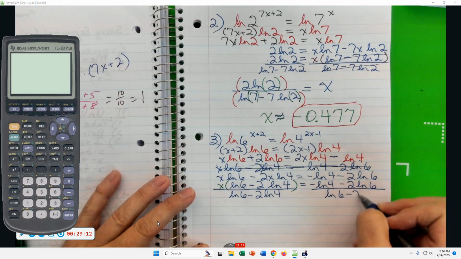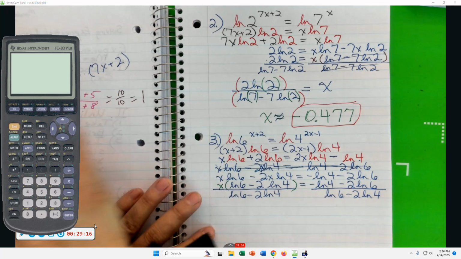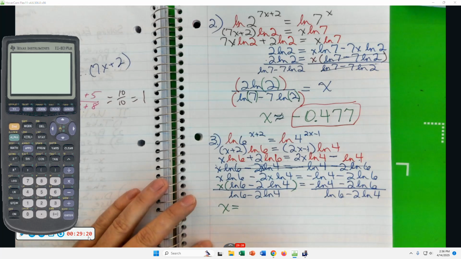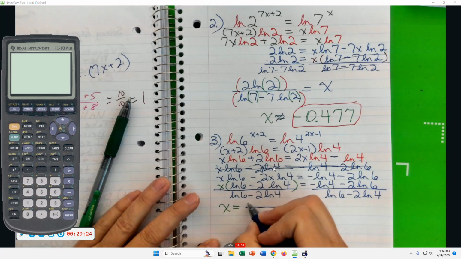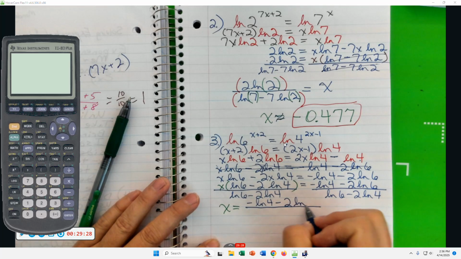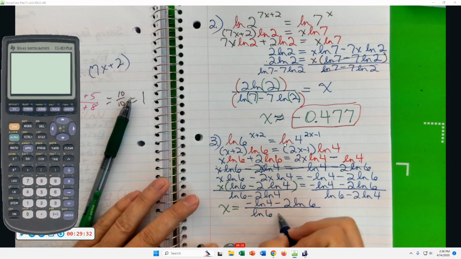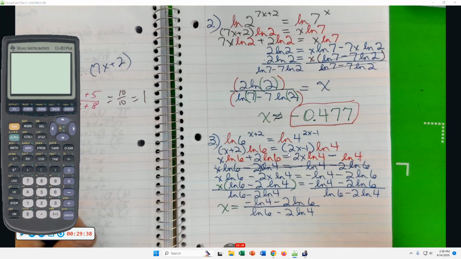LN6 minus 2 LN4. So here's what we're going to have to punch into our calculator, and it's messy. Negative LN4 minus 2 LN6 on top, and LN6 minus 2 LN4 on bottom. What do y'all think?